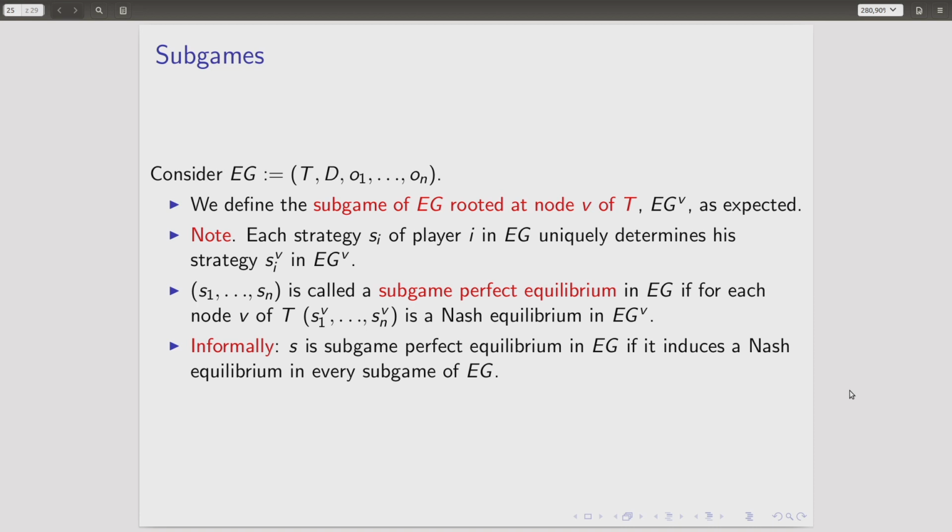Because it is player I who controls this node, he gives no choice to the other players, because it's his turn. So we know that if the game ends up there, those are the payoffs which they will get. So we determine for this node that these will be the outcomes.